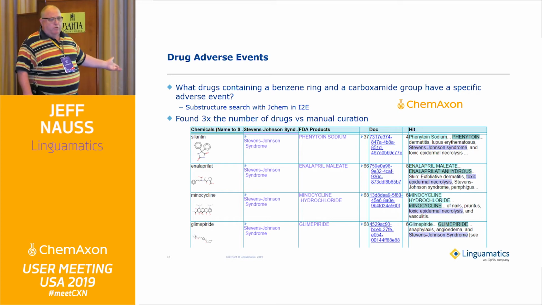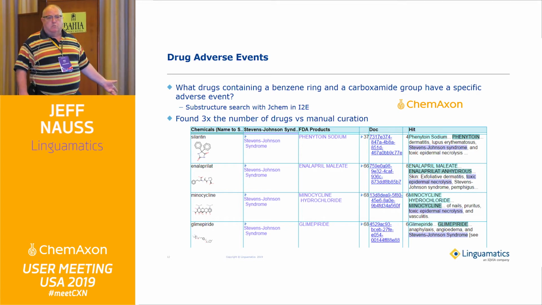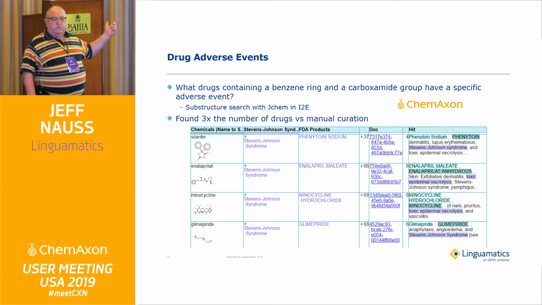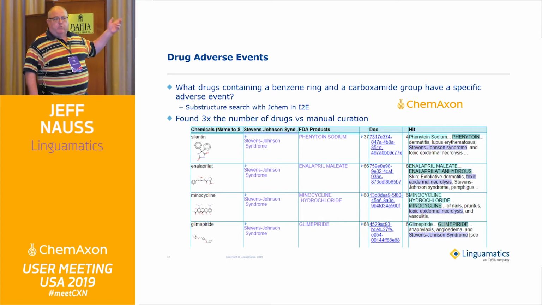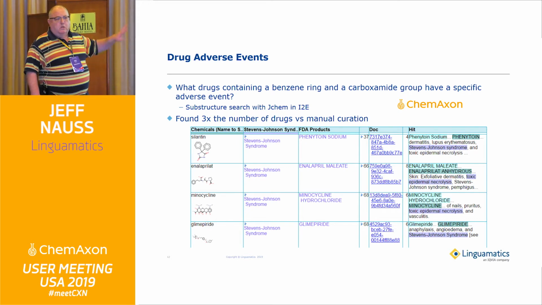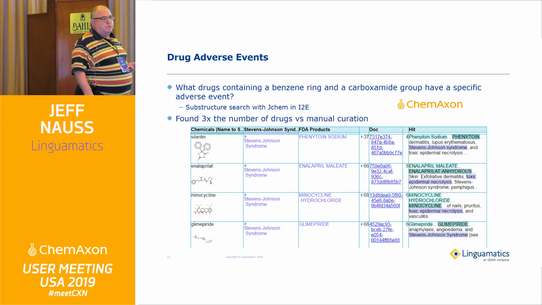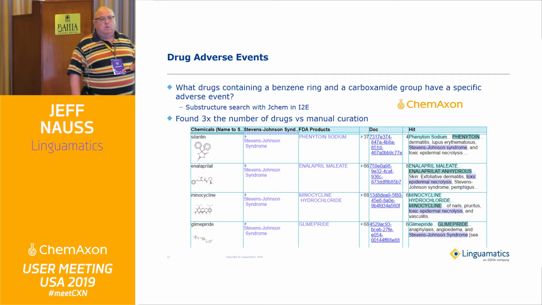And we were able to go through the adverse event reporting database. And we were able to find 3 times the number of documents that had a specific adverse event, the Stevens-Johnson syndrome, 3 times the number that the manual curators at FDA found. So significant improvement there over what the manual inspection of the documents would do.